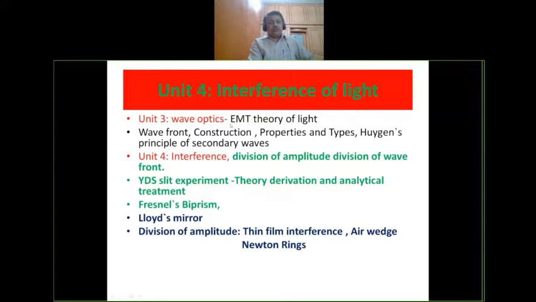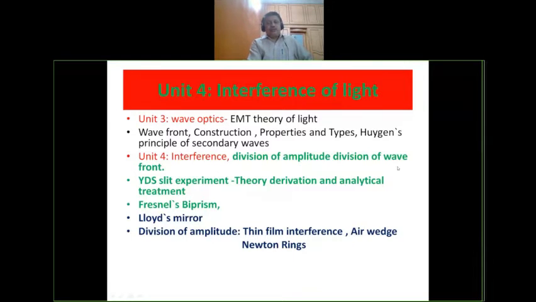Earlier, from wave optics unit 3, we discussed the electromagnetic theory of light, wavefront, construction, properties, types, and Huygens principle of secondary waves. Also we have introduced interference, which we will continue in today's class.